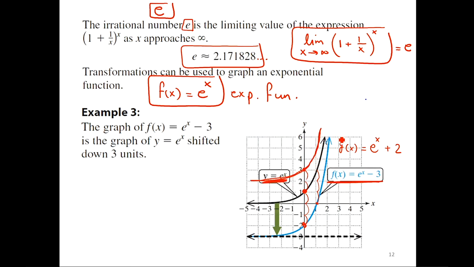This is the graph of g of x. So if we have the exponential function plus 2, plus 3, plus 5, this is shifting up by some units. But minus 3, minus 2, minus 5, minus 4, this is shifting down.